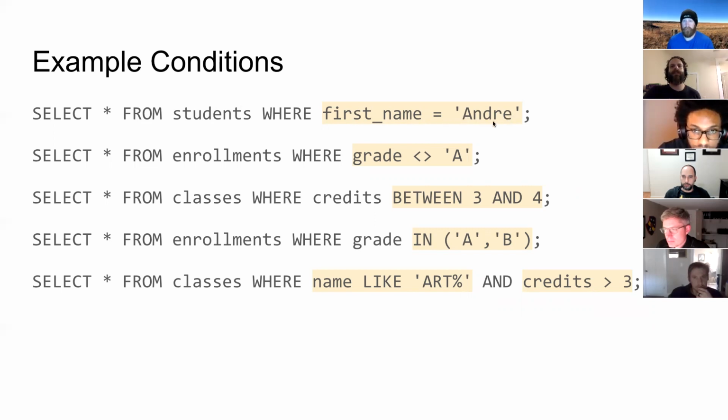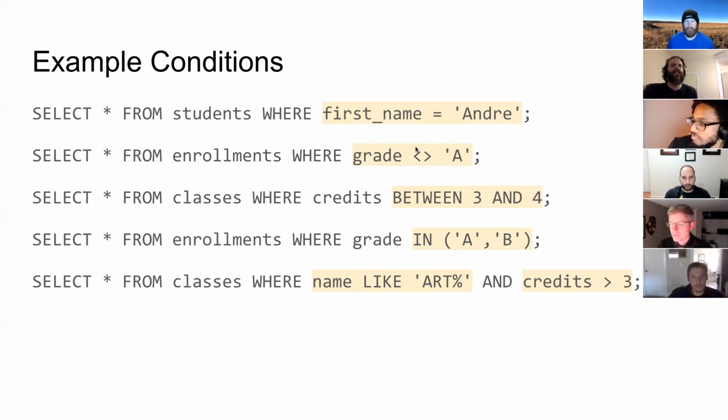Notice the single quotes here as well, and the semicolon. JavaScript is not picky about semicolons, except in a couple cases, but SQL is. So you have to include a semicolon at the end of your statement. And there's a difference between single and double quotes.